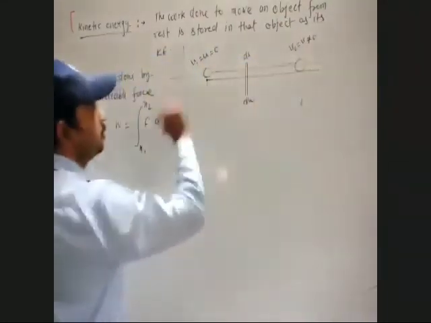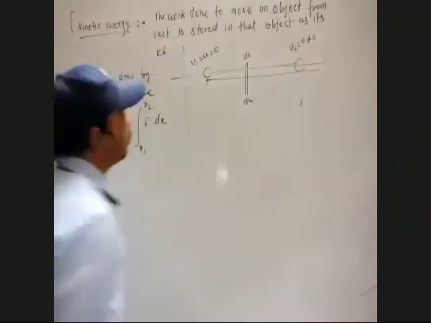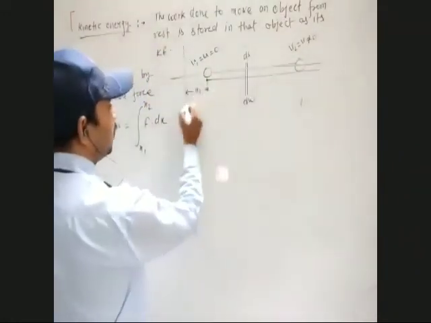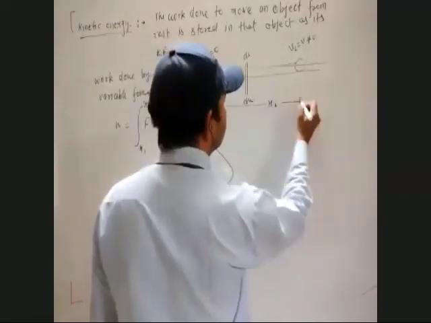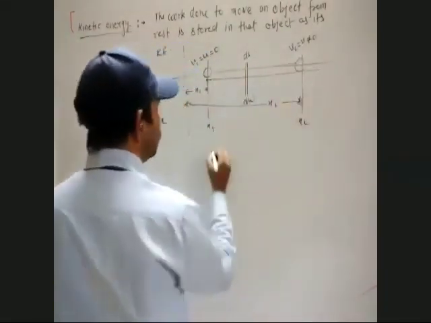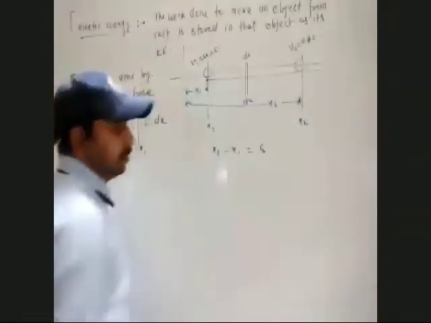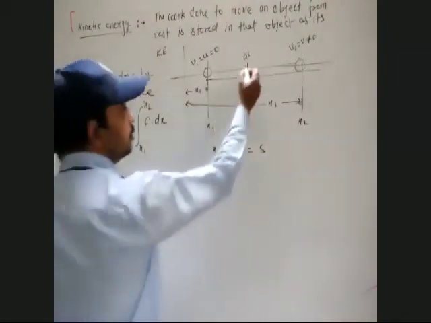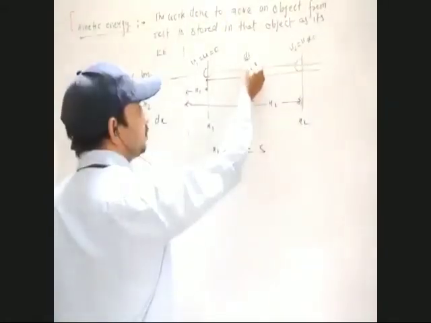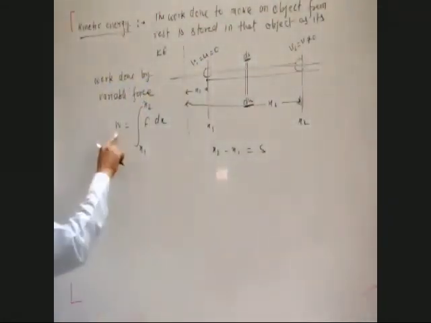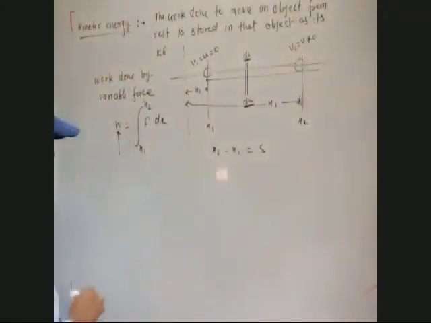Suppose the object is moving on the x-axis, this position is x1 and this position is x2. So x2 minus x1 will be the net displacement of the body. To move by dx displacement, we have to do some work, that is dw, and in this case, this work done is equal to kinetic energy.